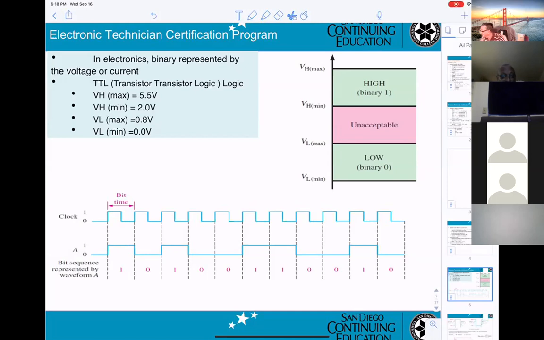Any voltage from 0.8 volt down to 0 is assigned to be low, or binary 0. Any voltage between 0.8 and 2 volts is not allowed. So when you're working on the circuitry and you measure at point A and get 0.4 volt, then what is it?